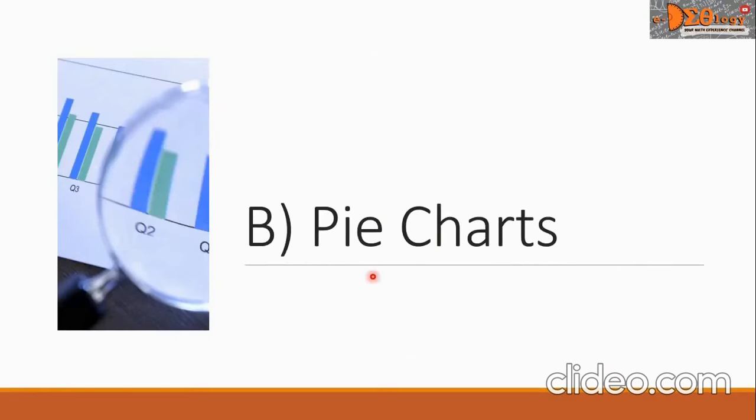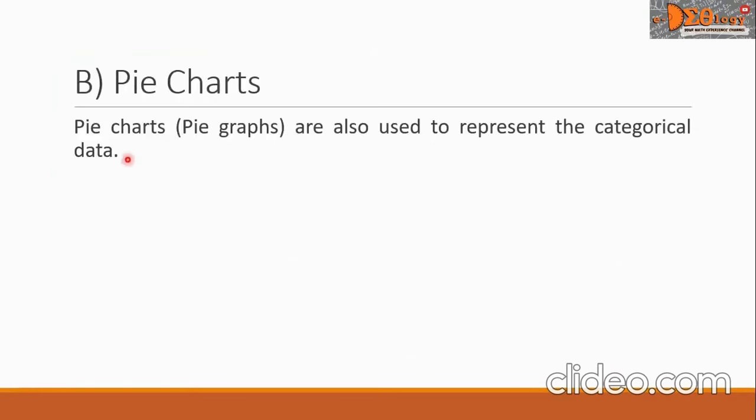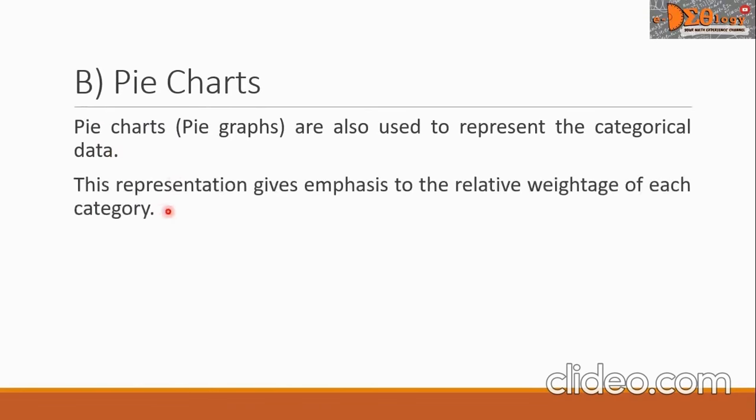Let's go now to pie charts. Pie charts or pie graphs are also used to represent the categorical data. This representation gives emphasis to the relative weightage of each category.